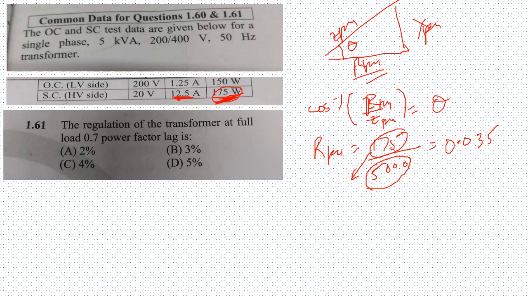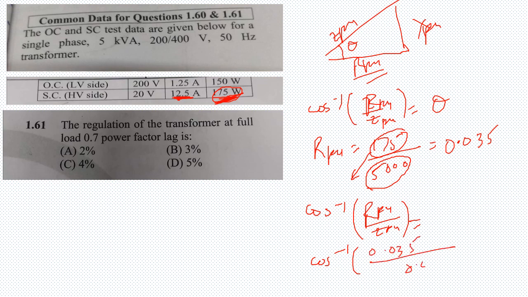Now we have both Z per unit and R per unit, so we can calculate theta: cos inverse of 0.035 over 0.05, which comes out to be 45.57 degrees.